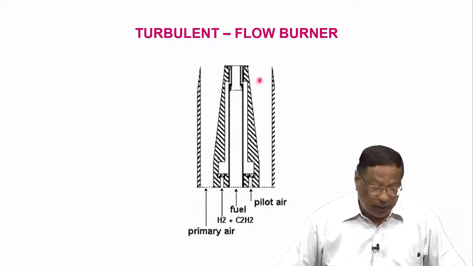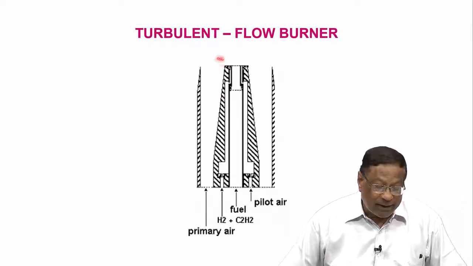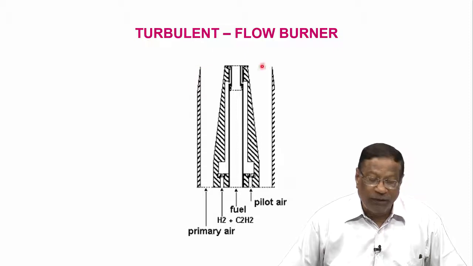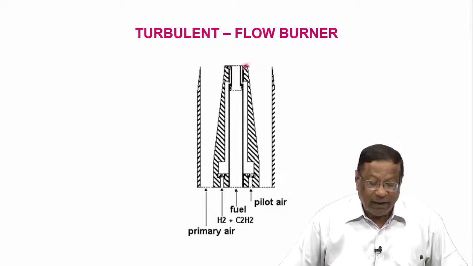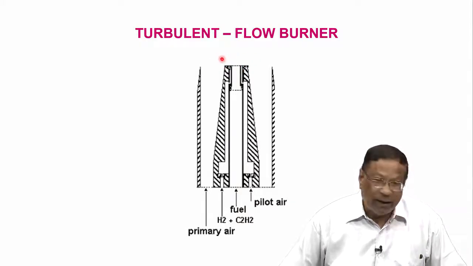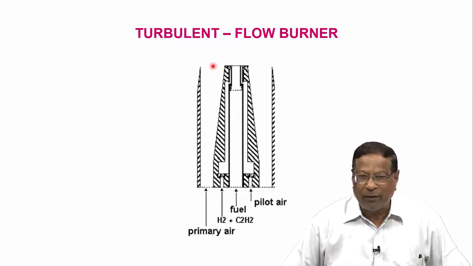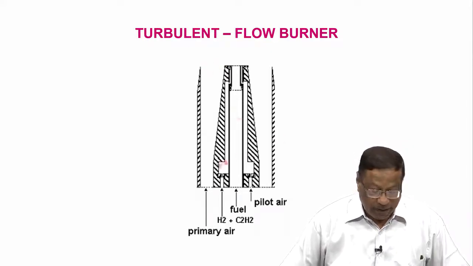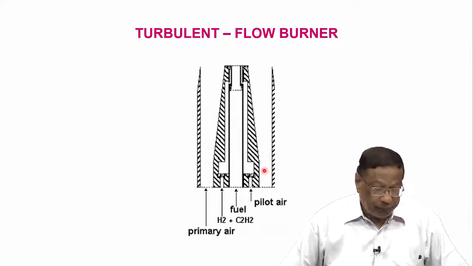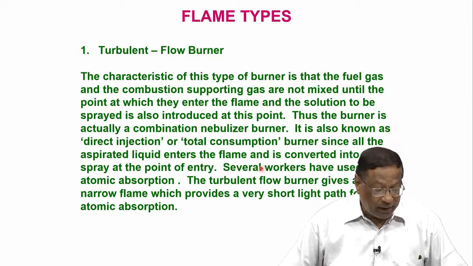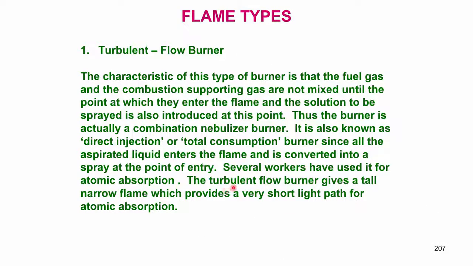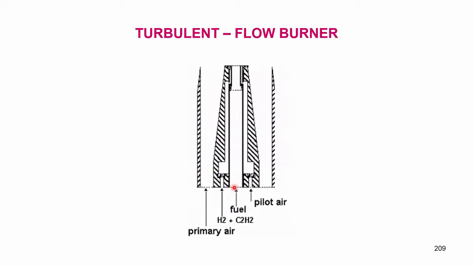The point to be noted here is that at the top there is an opening where all of them will mix together, and the moment I light it, it will start burning. It is just like your Bunsen burner. I forgot to show you the sample.